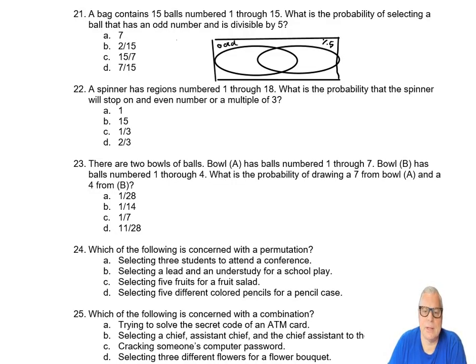Okay, what are all the numbers? We have 1, which is odd, but it's not divisible by 5. Then 2, 3, 4, 5. 5 is divisible by 5. 3 is also odd.